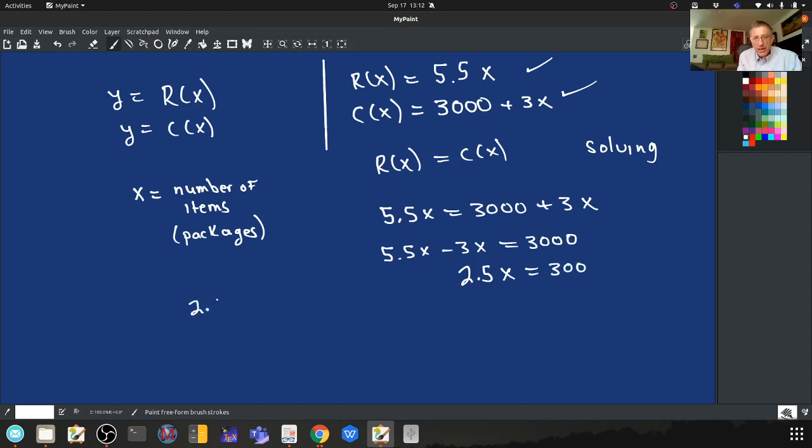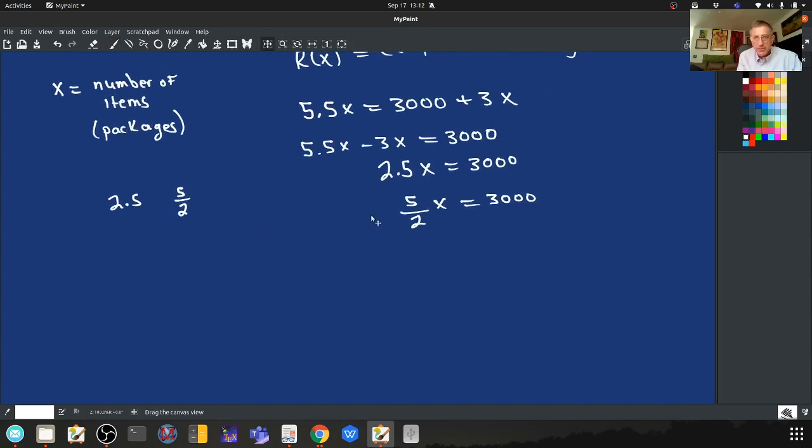But 2.5 is the same as 5 halves. So that means 5 halves x is equal to 3,000. So what I'm going to do is multiply both sides by 2. That's going to give me 5x is equal to 6,000.